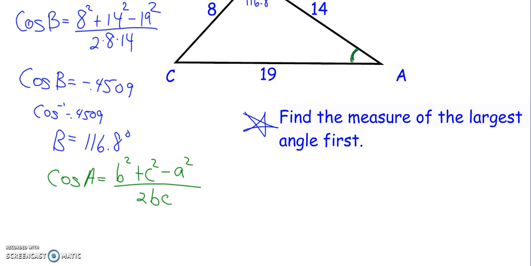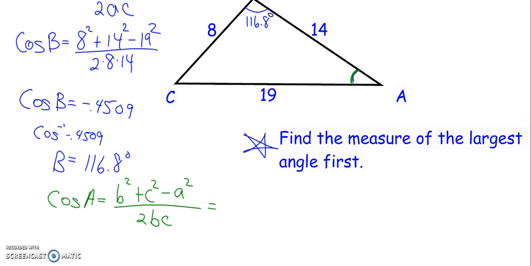And again, it's a lot of calculator work from here. I'm just going to be typing in 19 squared plus 14 squared minus 8 squared all over 2 times 14 times 19.